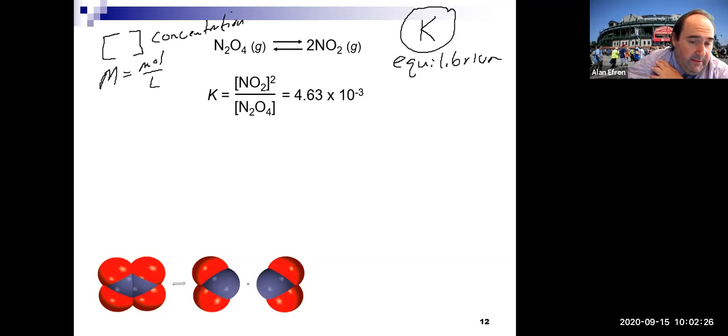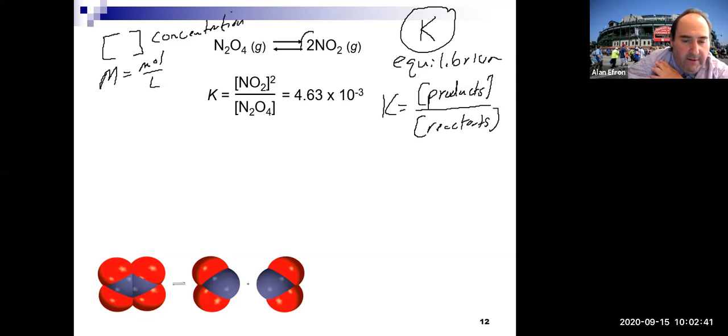The equilibrium constant is the concentration of the products divided by the concentration of the reactants. In equilibrium, we do take the coefficients as the exponents. That's where the squared part comes from, the 2. And the coefficient here is obviously a 1, so this is to the 1 in this particular case.